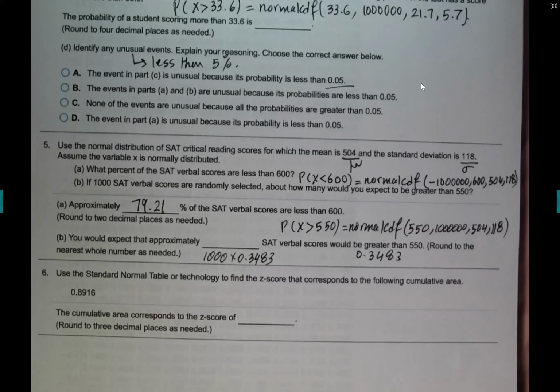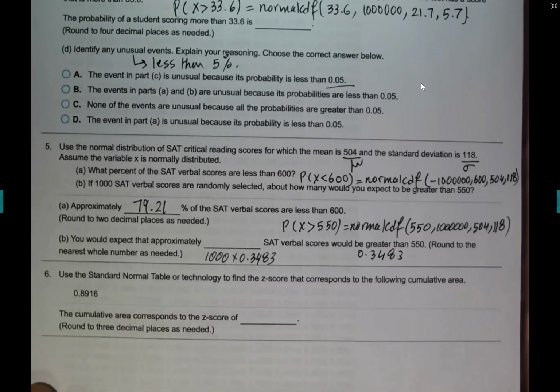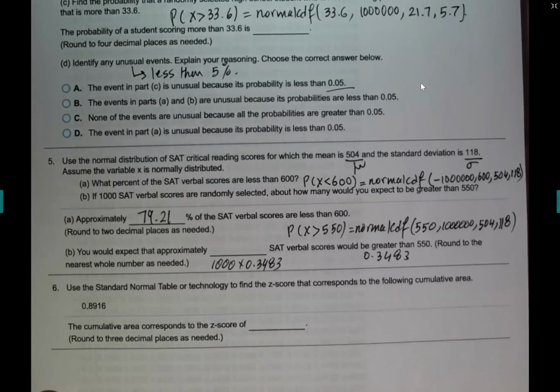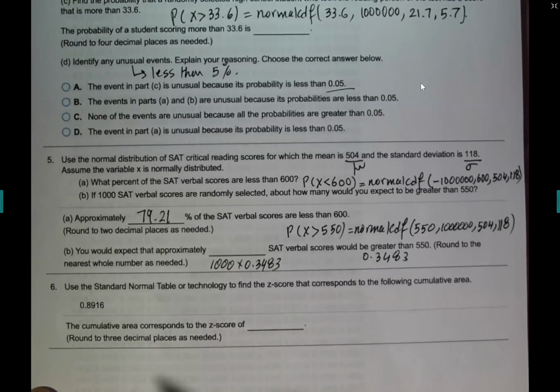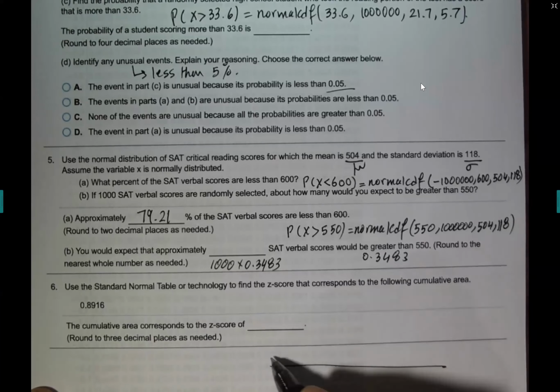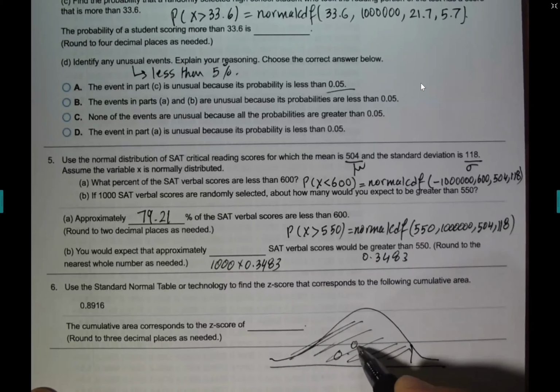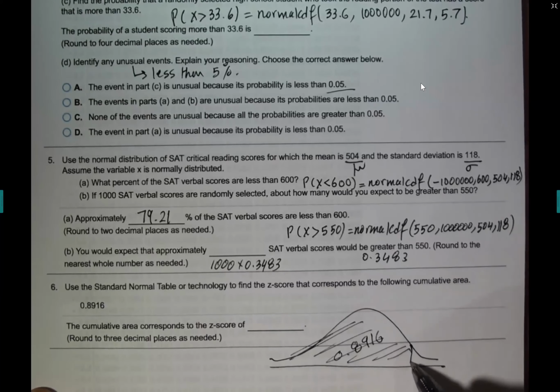Okay, number 6. Use a standard normal table or technology to find a z-score that has a cumulative area of 0.8916. So it's like this. We're going to use technology. This area, guys, is 0.8916, and I want the z-score.